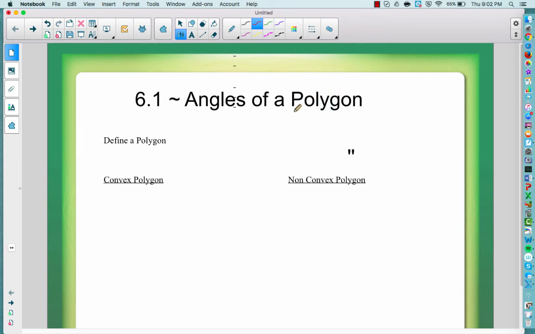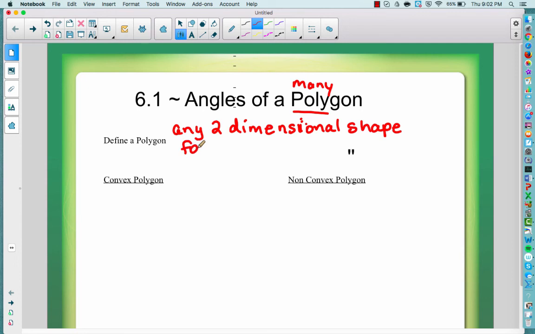Well, the word poly means many, okay? So we know it's something with many. So a polygon is any two-dimensional shape formed with straight lines.